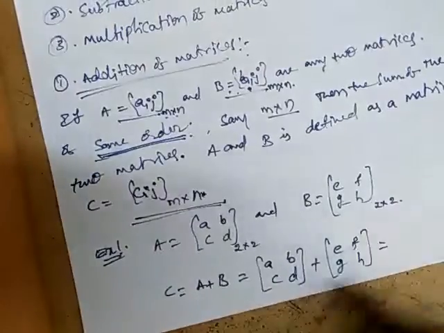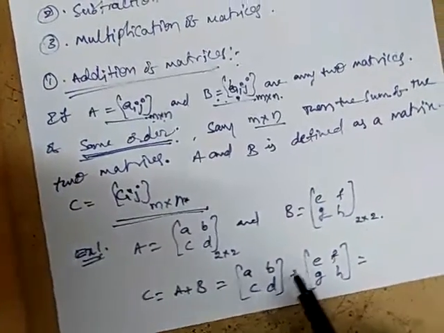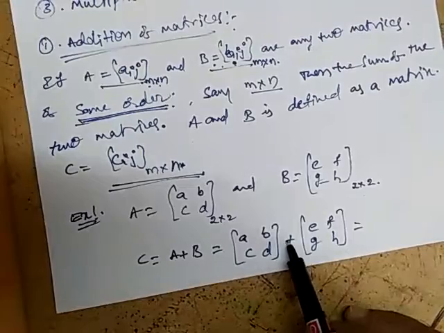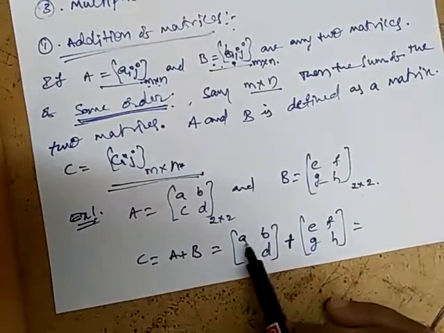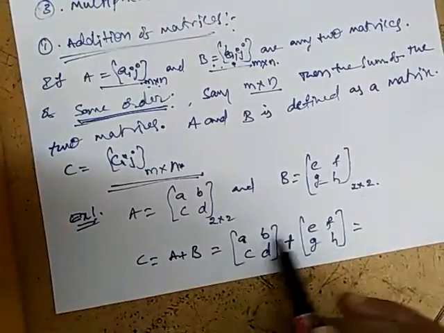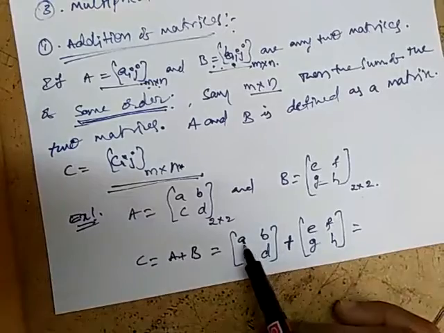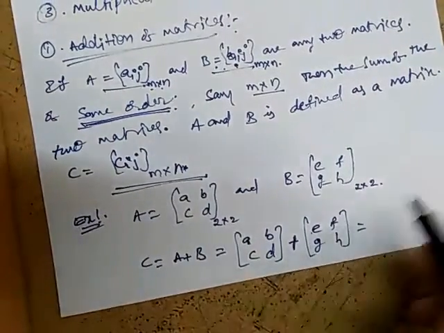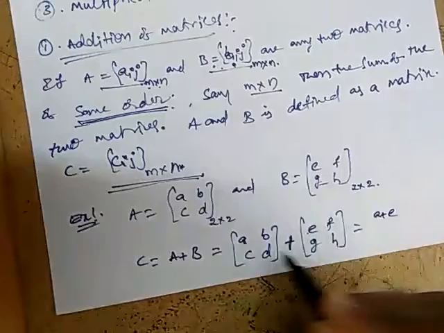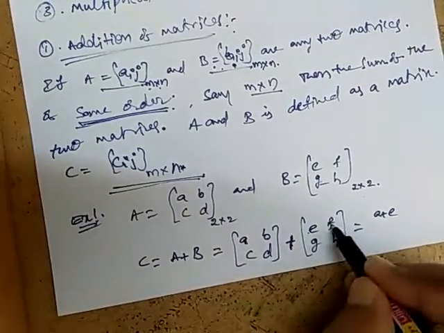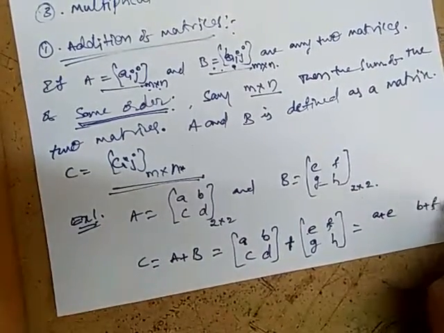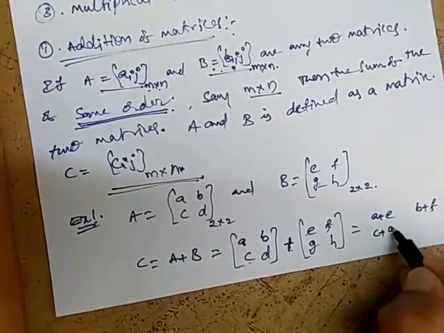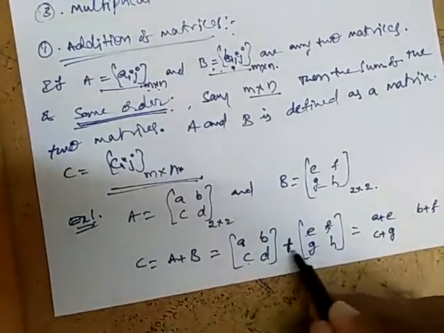Now one condition is there: when you are adding these two matrices, the corresponding elements only are added. So a plus e, b plus f, c plus g, d plus h.